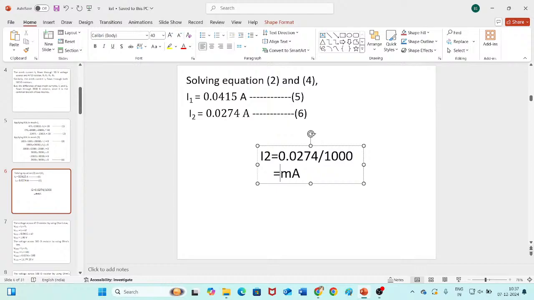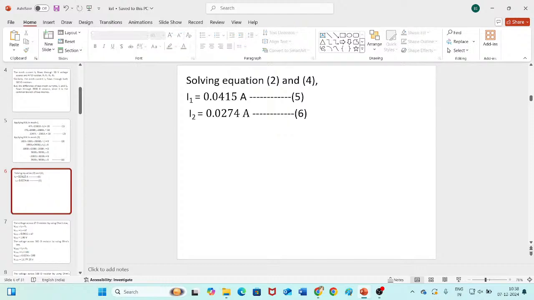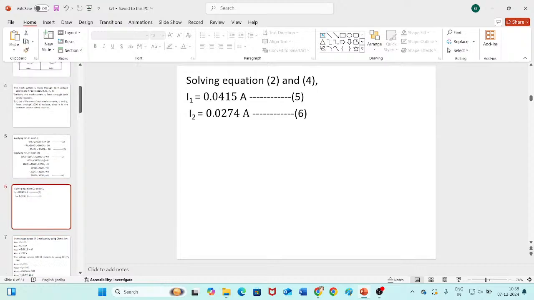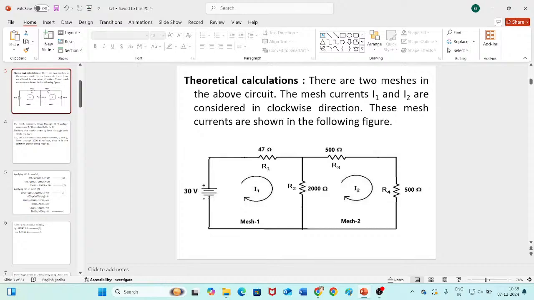I2 current is 27.4 milliamperes. Okay. So I have written in amperes. If you want, you can write it down in milliamperes form. That's it. We have I1 and I2 current. We can determine voltage across all the elements in the given circuit. I'll copy the circuit so that it will be easier for you to understand.